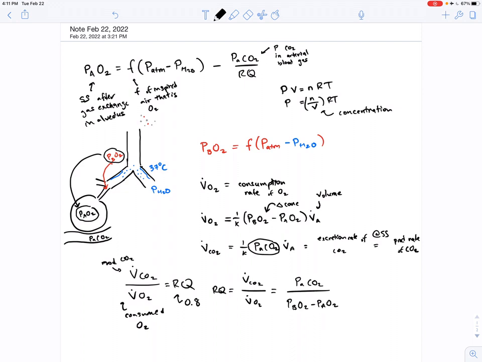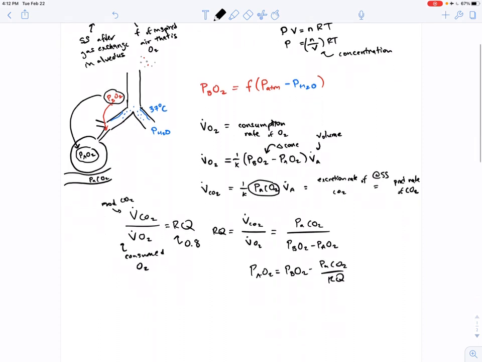If we rearrange this, we get PaO2 is equal to PbO2 minus PaCO2 divided by the respiratory quotient. And if we remember up top that PbO2 is equal to F times PATM minus PH2O, minus PaCO2 over RQ, this is our answer.